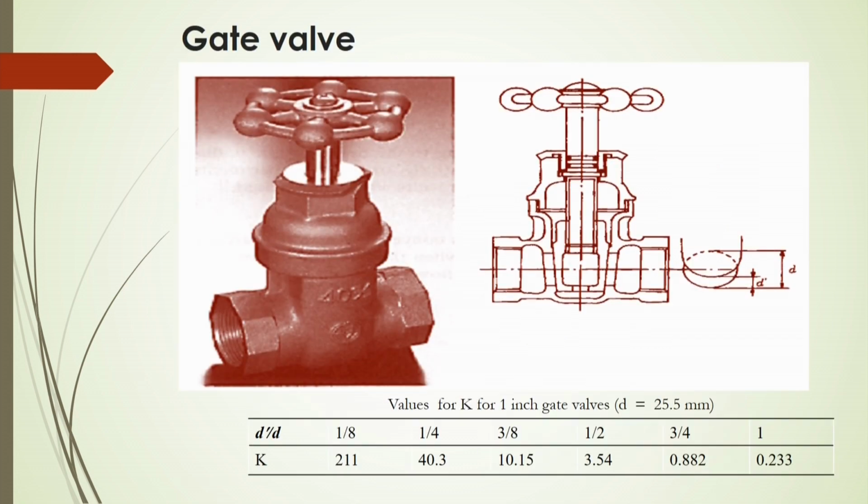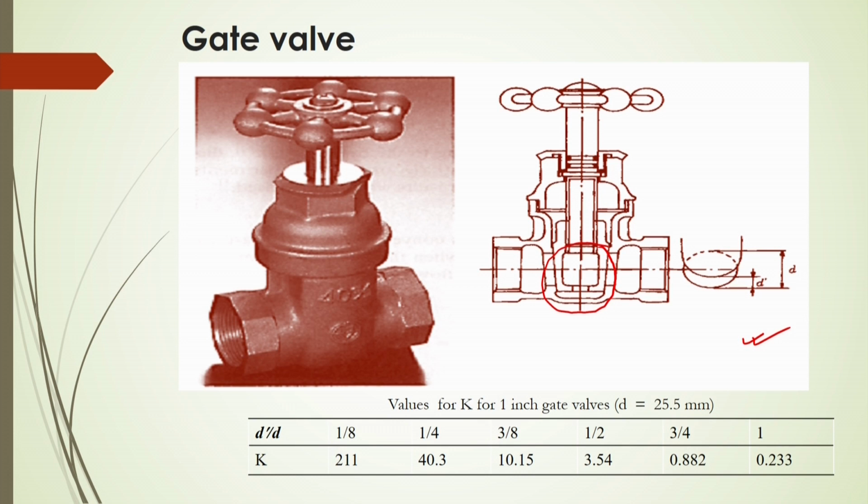Now, consider the gate valve as shown in the figure. This is the main junction through which the flow is controlled.